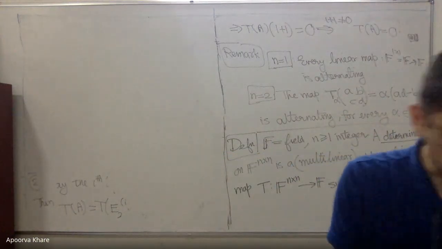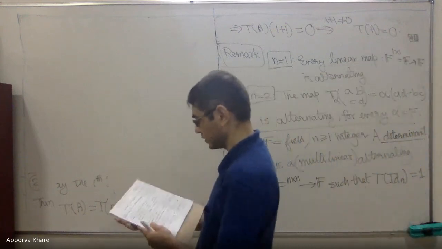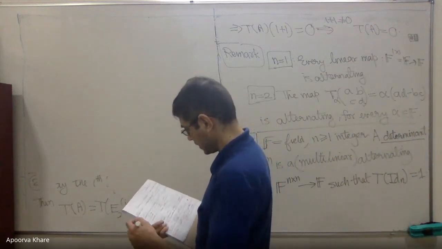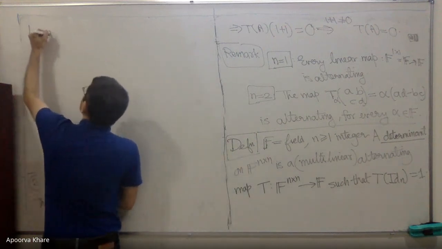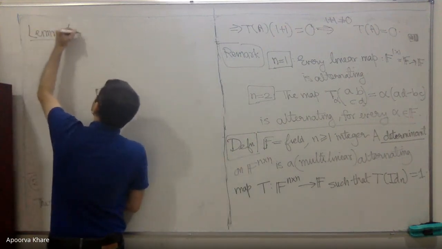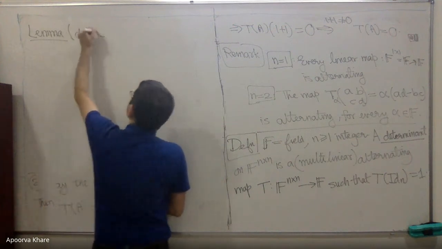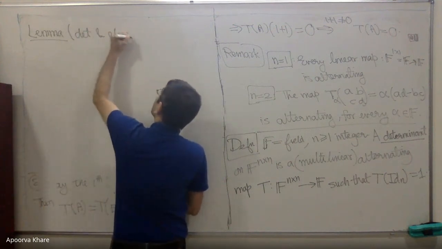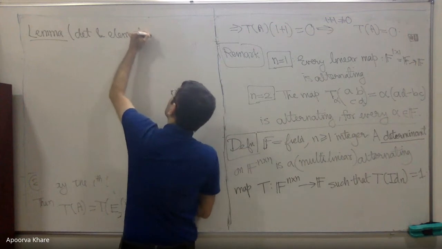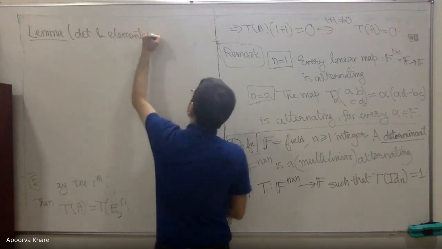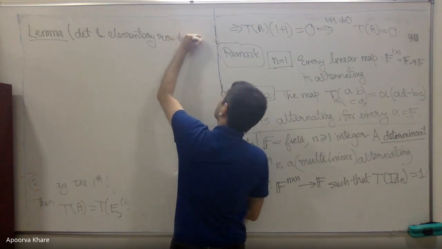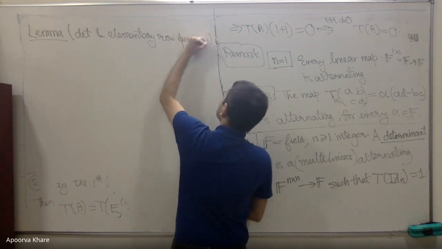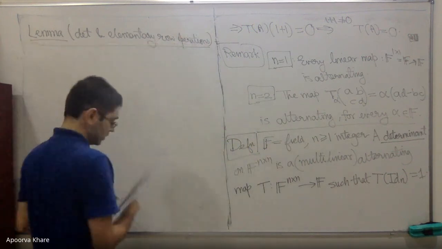So first, let's start from determinants and elementary row operations. Lemma. This lemma is going to connect these two things.